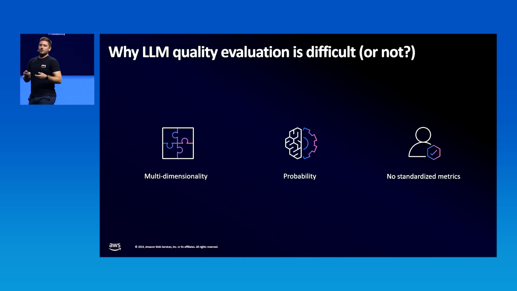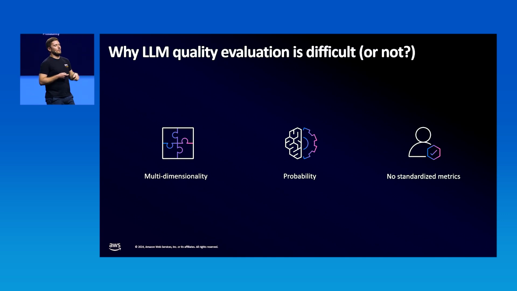Or you can even look at responsibility metrics and see if it outputs any toxic or harmful or offensive content, which is also not good for quality. So there are a lot of other dimensions, but I think you get the gist of it. Due to this multidimensionality, it is not very easy to directly say what the actual quality of an LLM means.